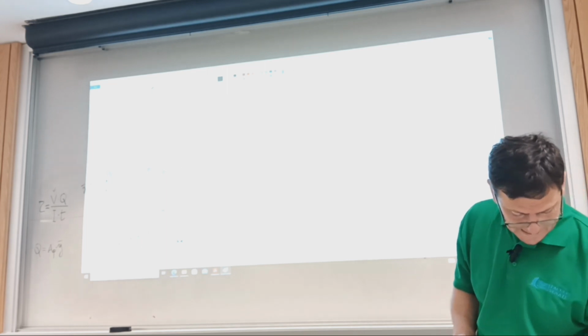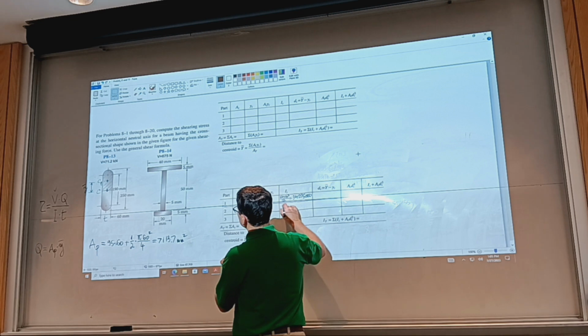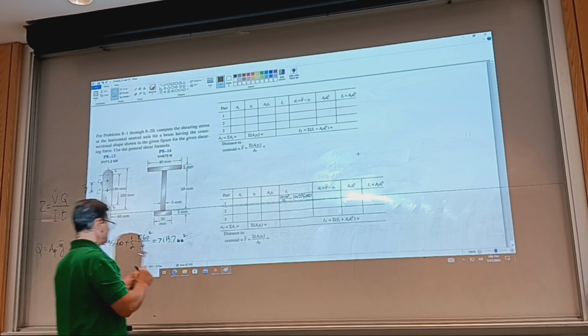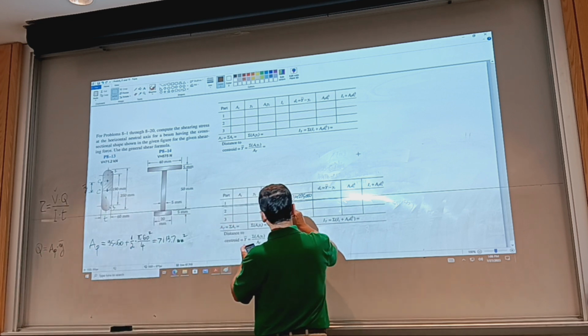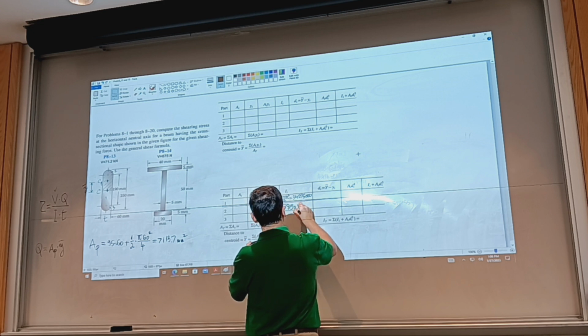So again, part 1 is the rectangle, and part 2 and part 3 are the half disks. For both half disks, I have the same number, 8905.6.